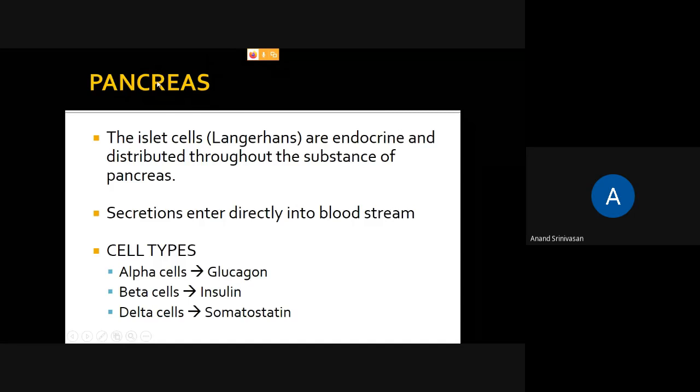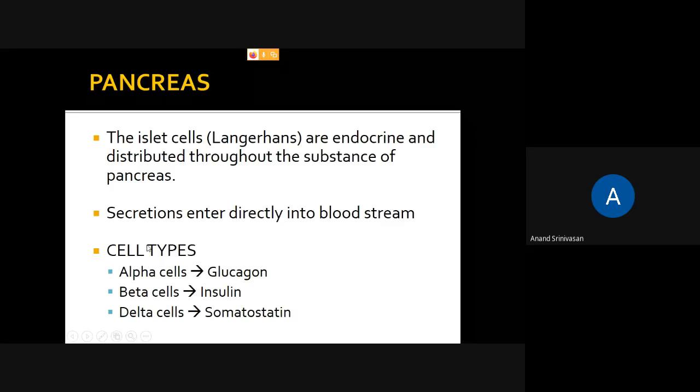The endocrine part is present within the pancreas in islands, called islets of Langerhans. They are situated throughout the pancreas, and the secretions from these islet cells go directly into the bloodstream.